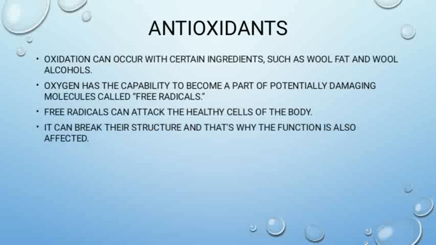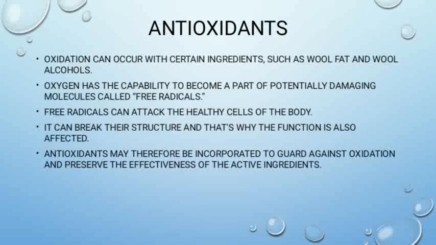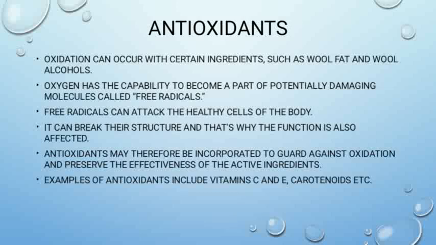It can break their structure, and that's why the functioning is also affected or altered. Therefore, antioxidants are incorporated to guard against oxidation and preserve the effectiveness of the active ingredients. The examples of antioxidants include vitamin C, vitamin E, carotenoids, etc.